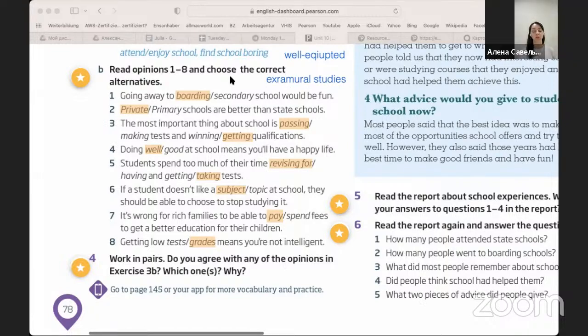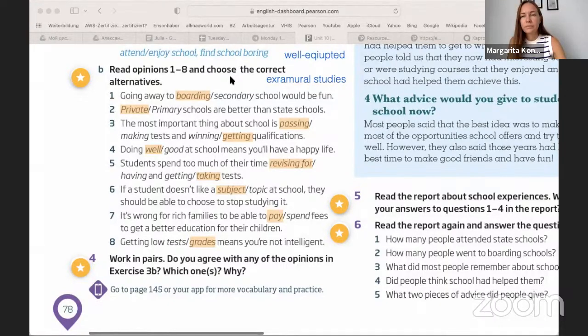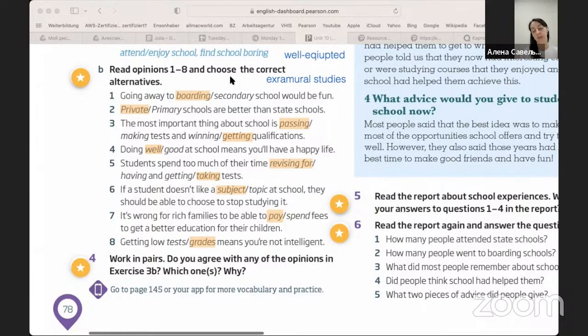We didn't spend much time revising for tests because we spent a lot of time in class during the term, and then we passed the exams.